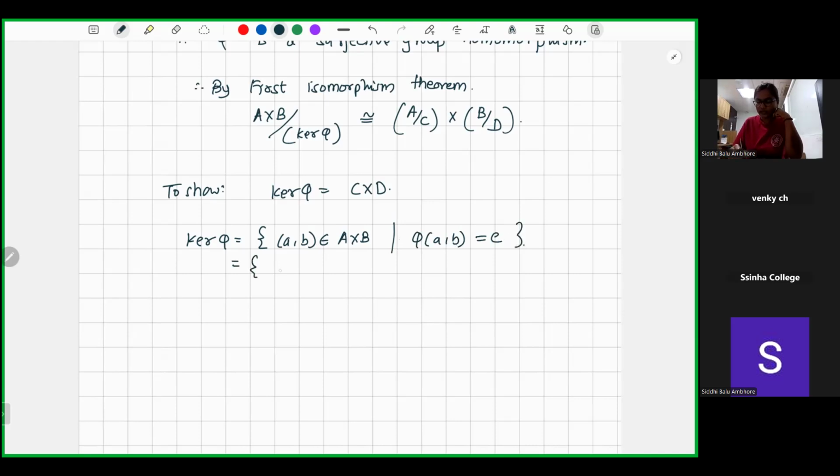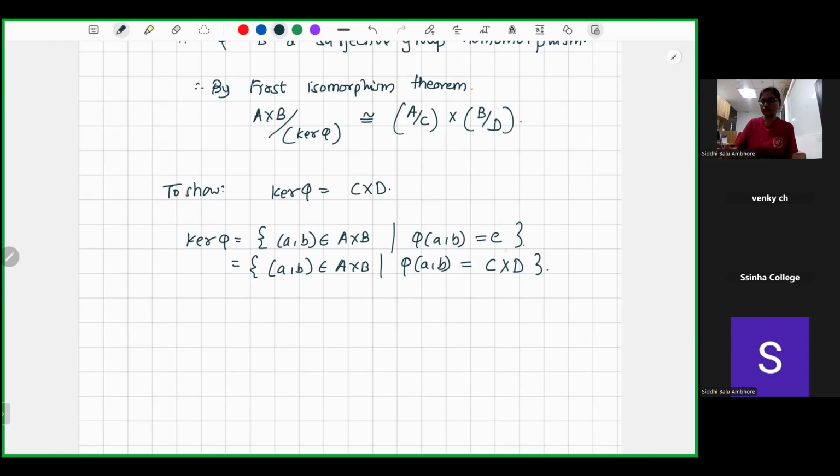And what is the identity there? It's just C cross D, that's what it means in the quotient.